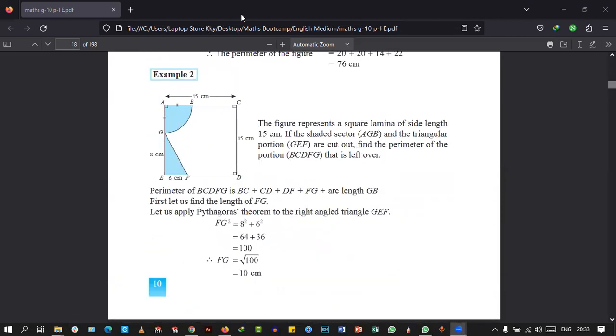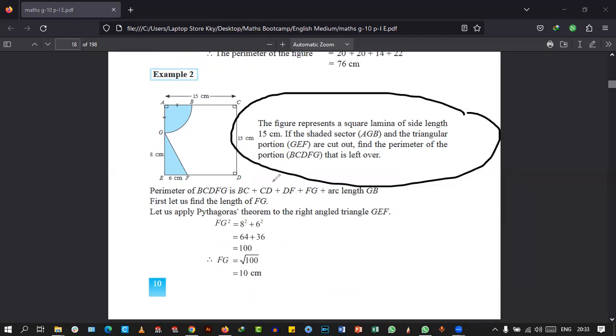Now, each question will be a different question, right? Each one is different. What we need to do is read the question carefully and then come up with the answer. First of all, if the question asks only for the perimeter of ABGA, it's very simple: arc length plus 2r.